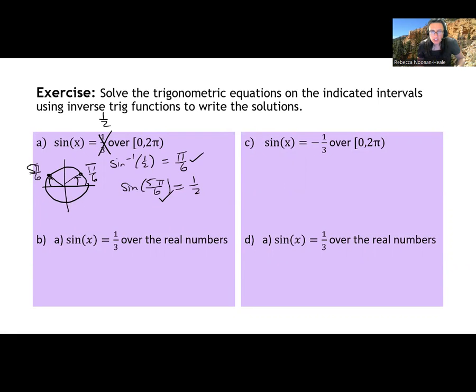Okay. Similarly, if this is 30 degrees and this is 150 degrees, I could get 150 degrees by taking 180, subtracting 30, and there I go, 150. So let's apply this to my previous example.